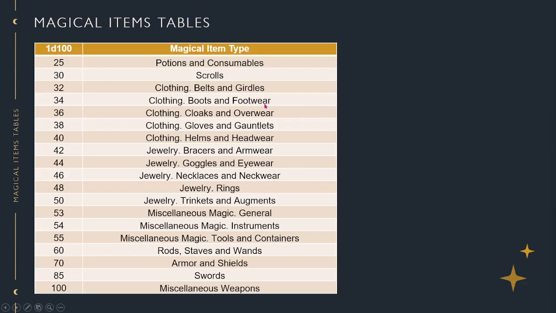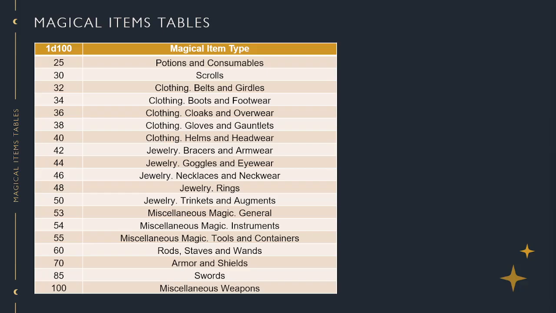Boots, elven kind, cloaks of displacement, gloves of archery, helms of telepathy, bracers of defense, goggles of night, necklaces of fireballs like the one I just showed you, and rings, rings of invisibility, all those things. Now, rarity is something I'll get to in a moment. Trinkets is kind of little items like Aeon stones and stuff like that.